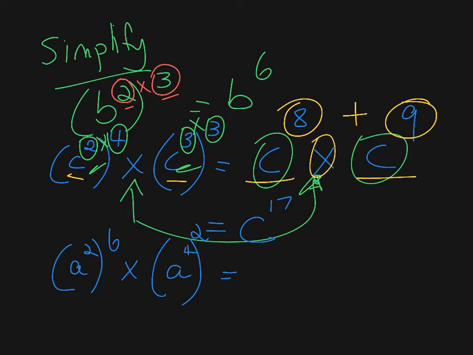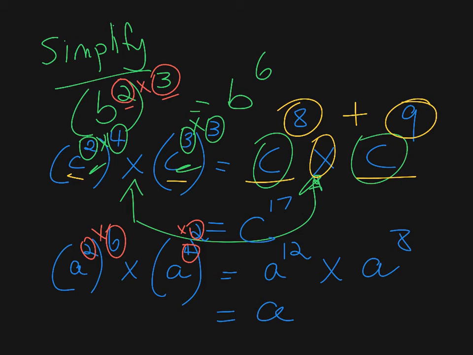We're going to expand it out to make it a little bit easier to start off with. So it'll be a to the power of 2 times 6 is 12, multiplied by a to the power of 4 times 2 is 8.